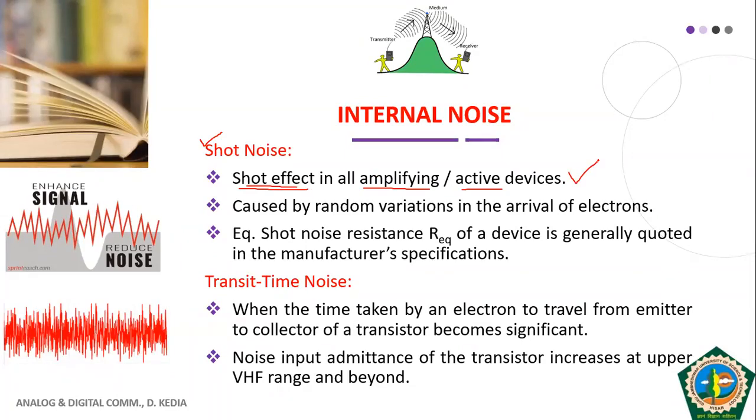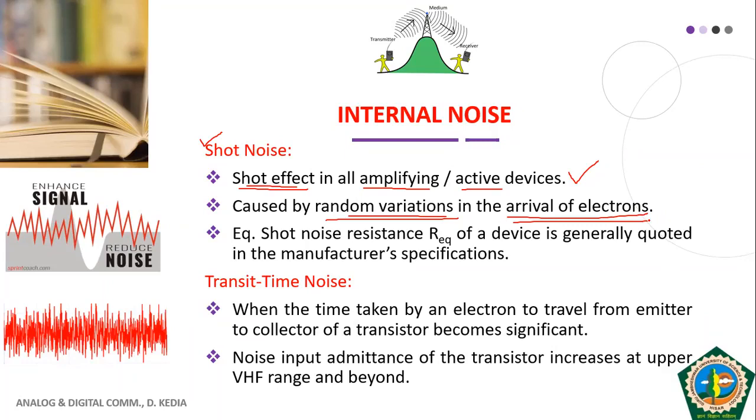We know what happens in our BJTs and FETs: there is a flow of electrons and flow of holes, and there is random variation in the arrival of electrons at various terminals of these FETs, BJTs, or active or amplifying devices. So this shot noise is caused due to random variation in the arrival of electrons.